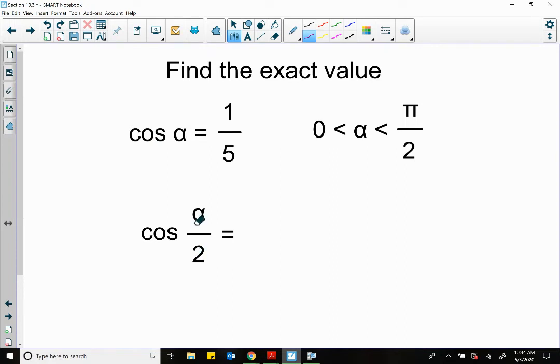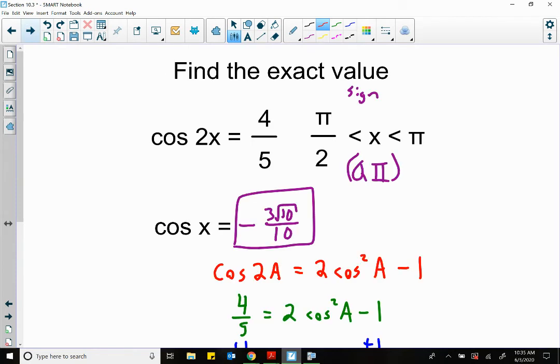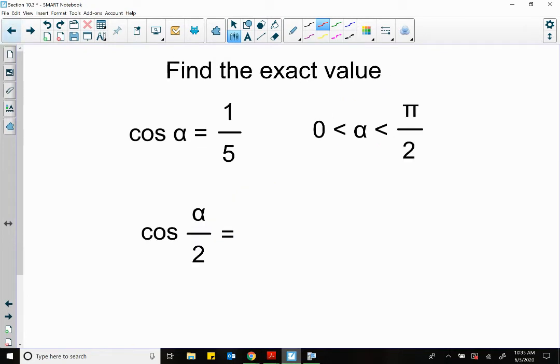But down here, we're dealing with the half angle of alpha. So we need to know what quadrant this is in. We didn't have to worry about that over here because this matches the angle we were dealing with here. But when you look at this one, alpha does not match the half angle.